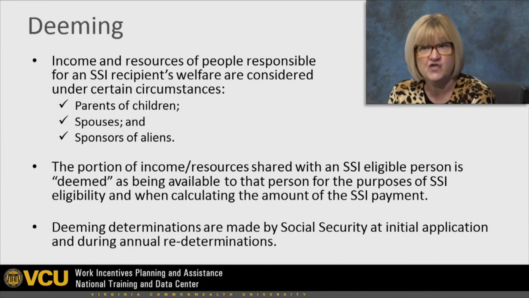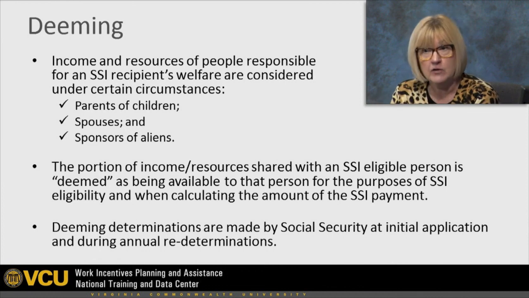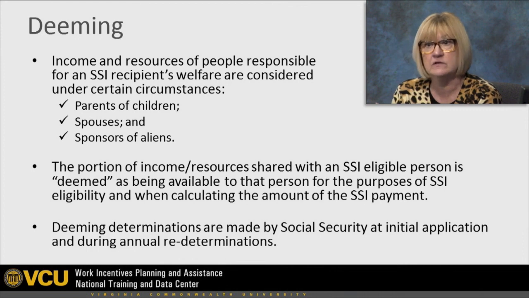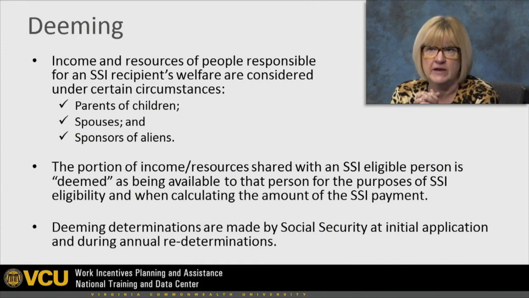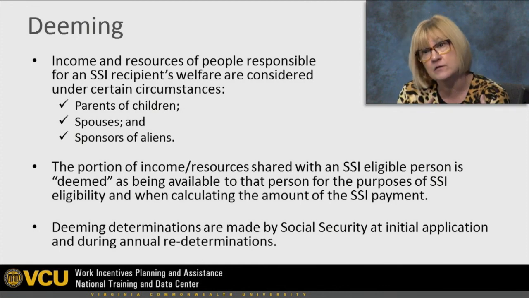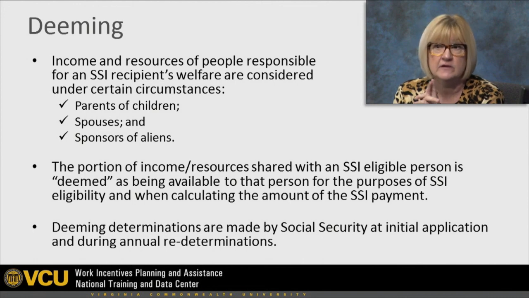And so some portion of an ineligible individual's income or resources is then deemed, or determined, applicable or available to the beneficiary. And so some of that counts in deciding if the individual is eligible for SSI, and if eligible, how much to provide the person in cash payment.